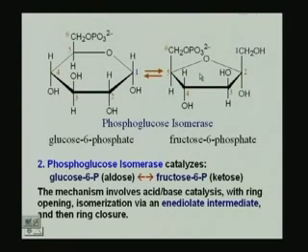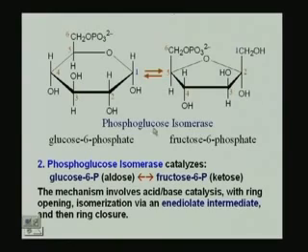This is step number 2. In step number 2, you have glucose 6 phosphate go to fructose 6 phosphate. So, what happens is you have the formation of an isomer. So, the enzyme involved is an isomerase. Okay. What is this isomerase?